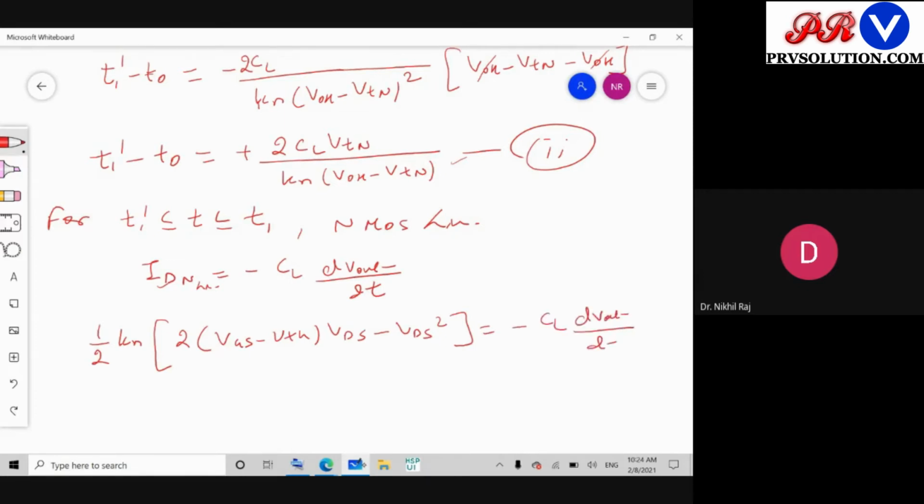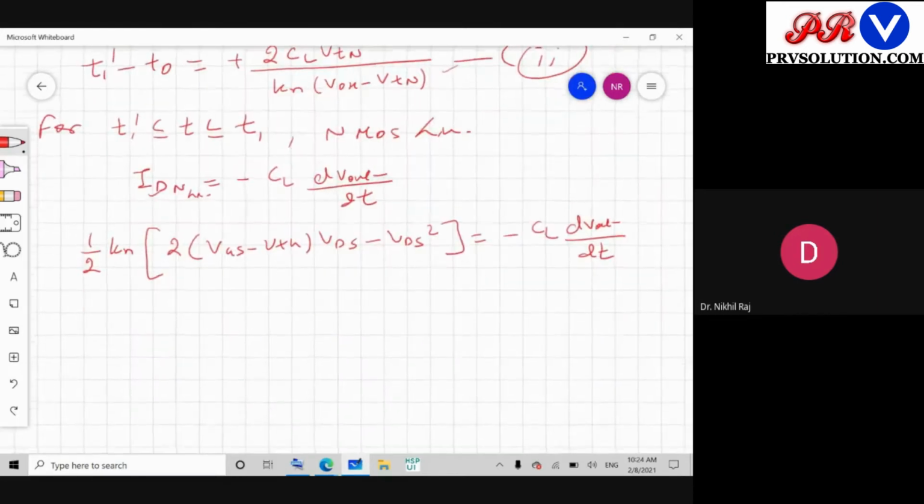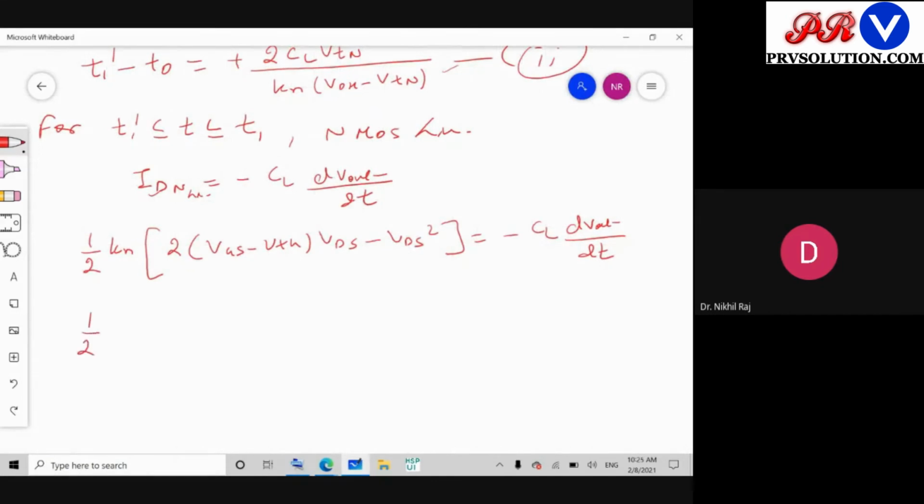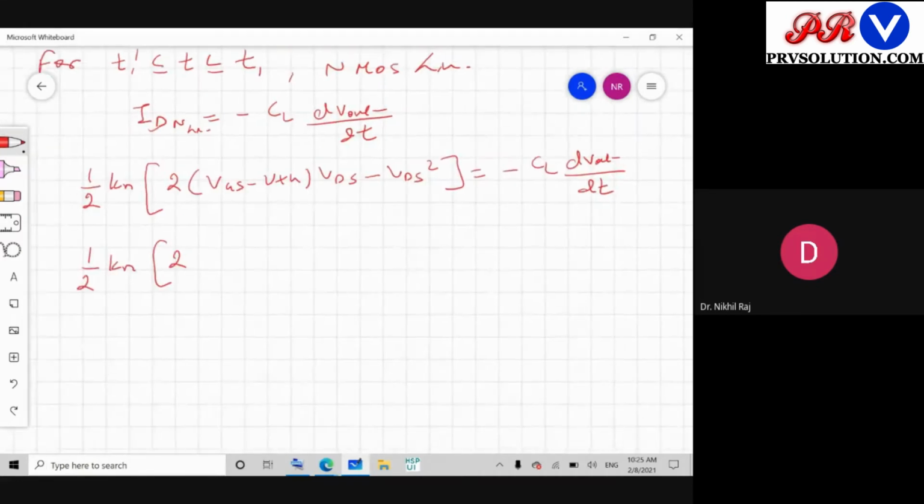that is equal to minus CL dVout by dt. Find this, place the values, that will be half Kn [2 into (what is VGS for NMOS?